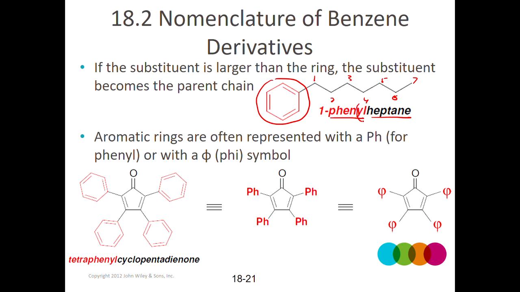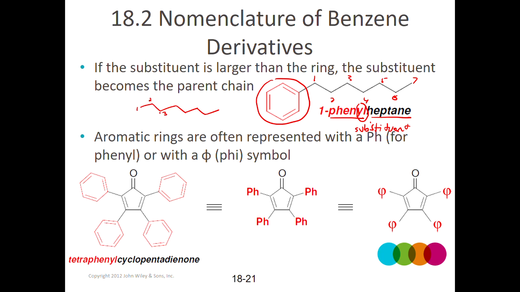So again, we use the YL suffix to indicate that it's a substituent rather than part of the parent. But it's not benzyl, it's phenyl. Benzyl is something else. So let's imagine we had 2, 4, 6, 8 carbons here.